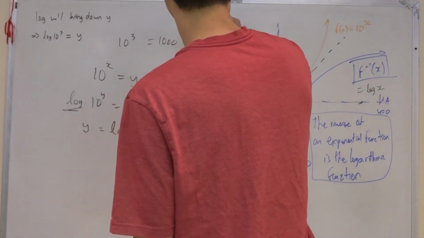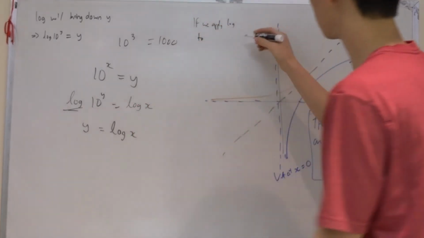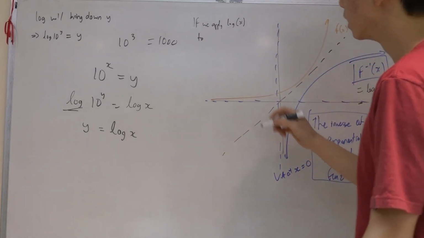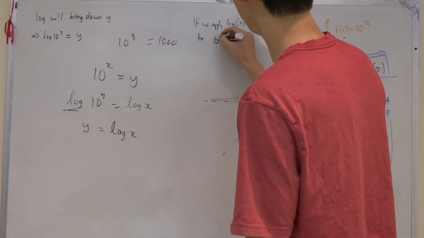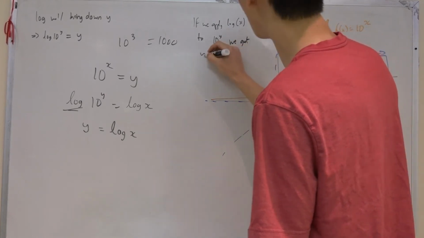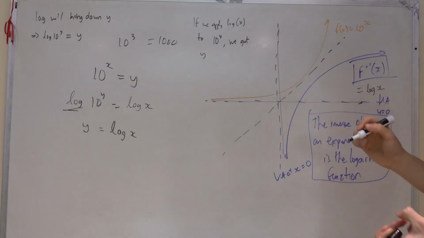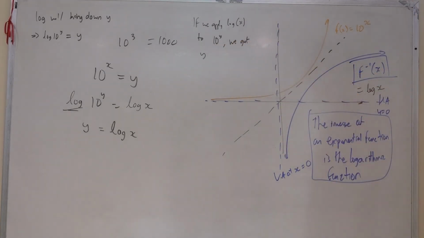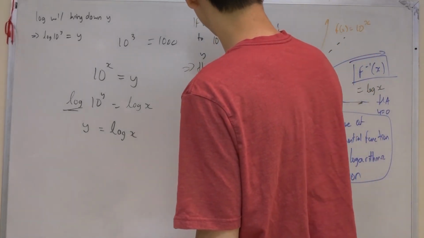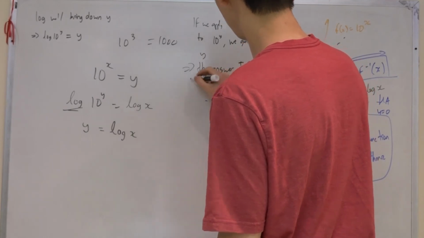Log is a function, so if we apply the function log of x to 10 to the y, we get y. In other words, it pulls out the exponent and then just kills the 10. So the answer is the exponent.